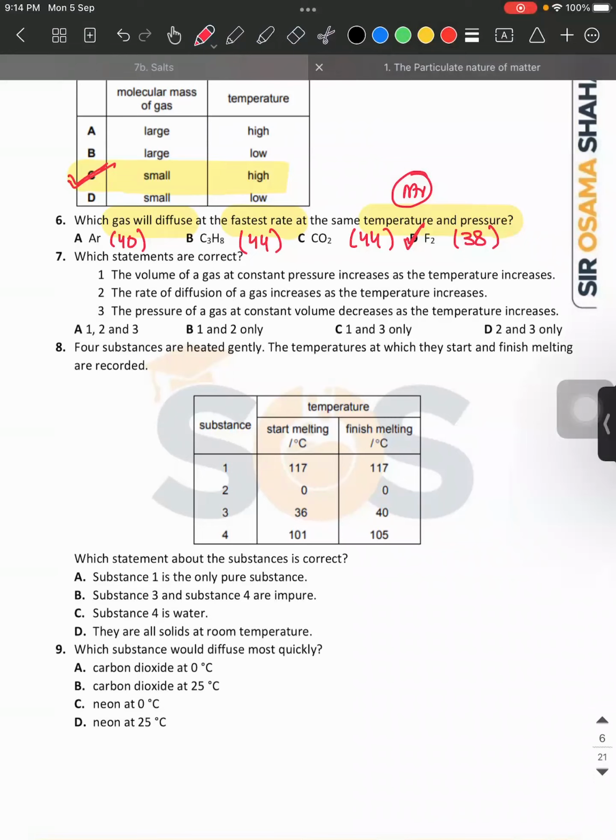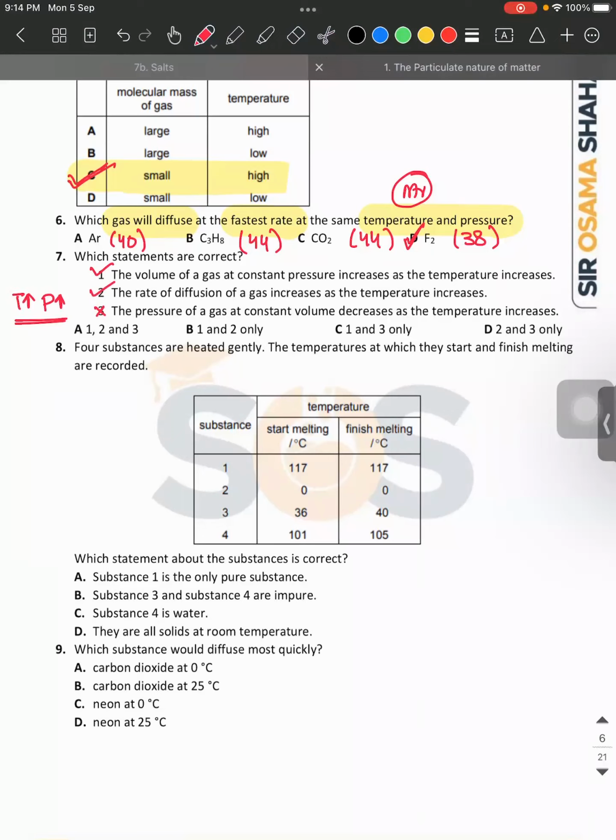So if you are increasing temperature, then definitely the volume is going to increase. That means this is right. Okay, then the rate of diffusion of a gas increases as the temperature increases. We know that, and if we increase the temperature, the diffusion is also going to increase. Then the pressure of a gas at constant volume decreases as the temperature increases. Now, if you increase the temperature, definitely the pressure of the particles will increase, right? So that means the second one is wrong.